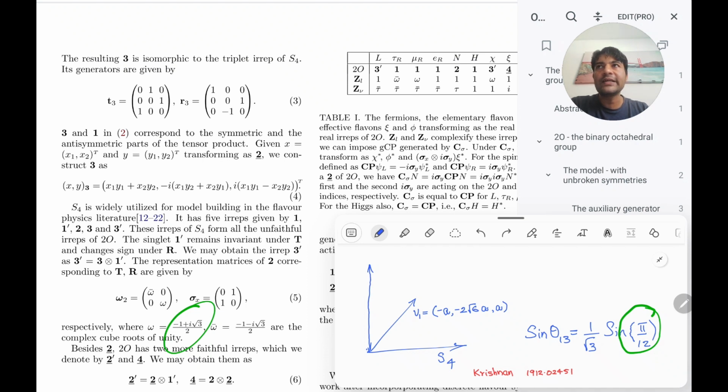That would require a group with a finer discretization. That is why in the literature you see groups like Delta(3n^2) and Delta(6n^2), which divide the transformations into finer discrete pieces.